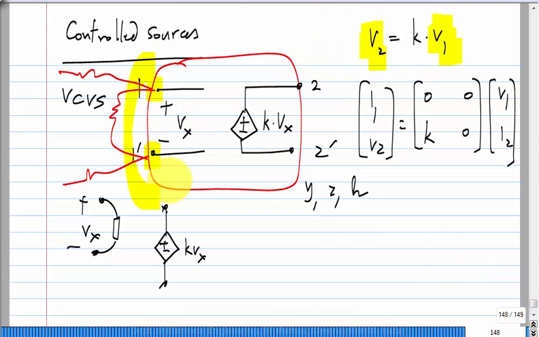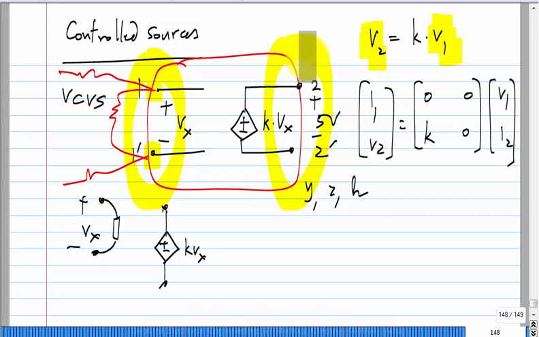Here also, for instance, in a problem, you could be given that, hey, this is 5 volts, find out that voltage. That can be easily done by algebra, right? 5 divided by k is that voltage. But it doesn't mean that you can apply 5 volt to this side and 5 by k to the other and get 5 by k from the other side. You can apply a voltage to port 1 and get something at port 2, right? Cause and effect are different from doing calculations. You can calculate the cause from the effect, by knowing the relationships, but you cannot apply something to this side and get something on the other side.